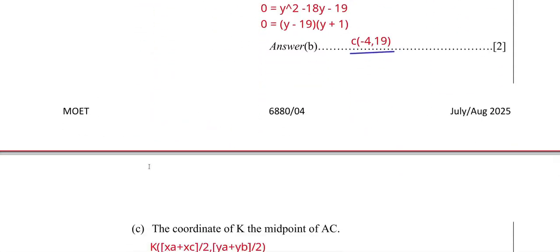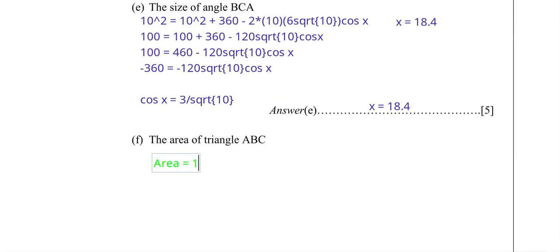So the area is going to be half base times perpendicular height. The base is 10, the perpendicular height is 6, so that gives 30 units squared.